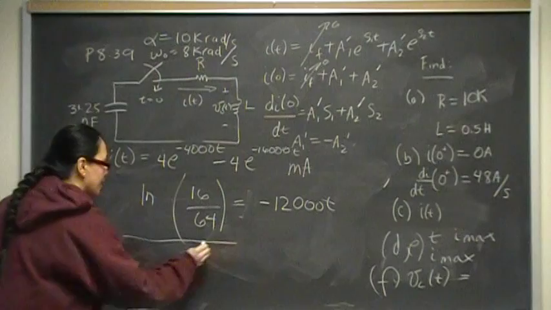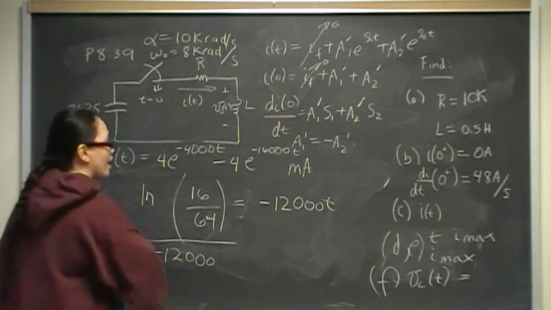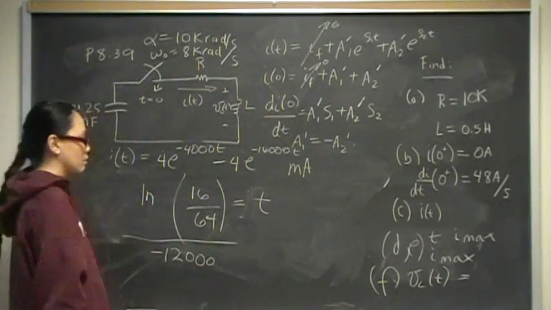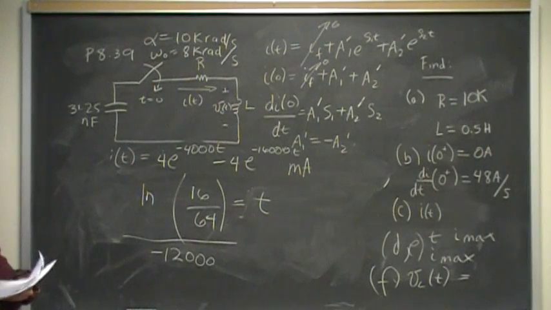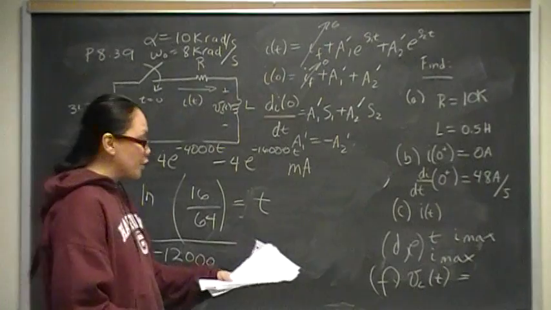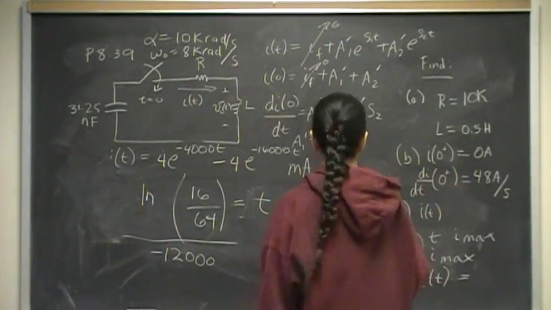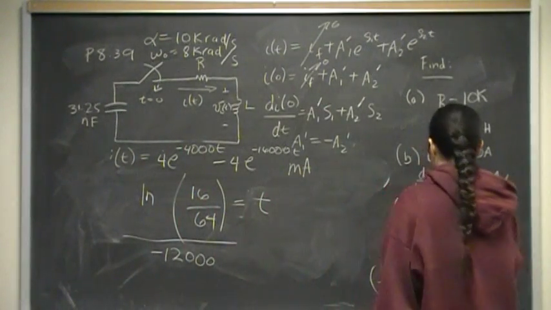Divide both sides by negative 12,000, and that will give you t. When you put that into your calculator, you will find that the time where you have maximum current is 116 microseconds. So that is the answer for part D, as far as the time piece of the question.